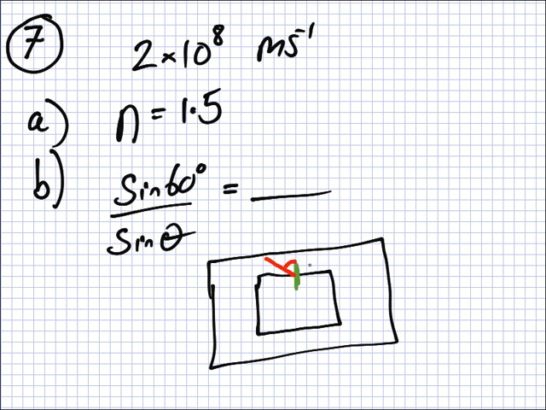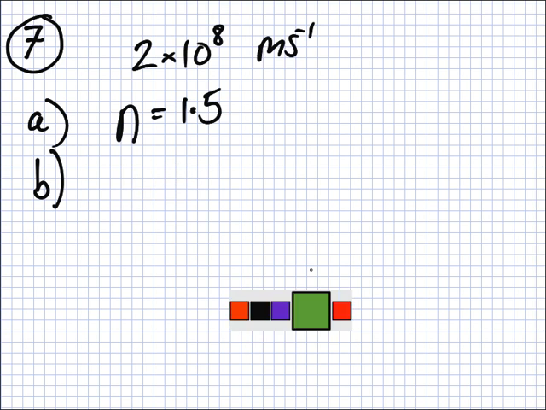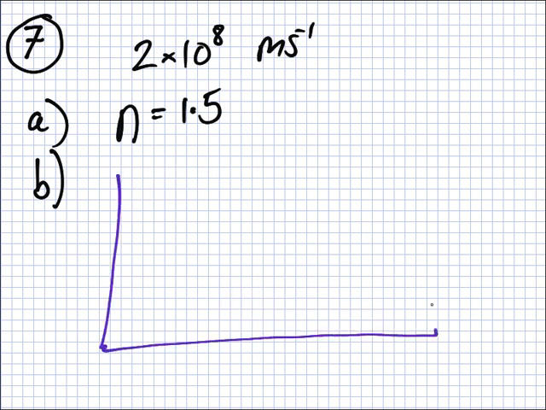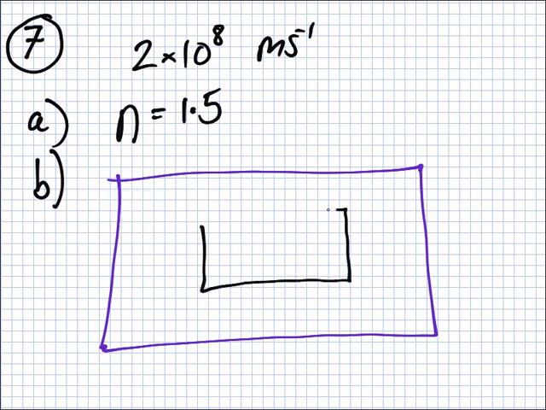And then what's happening to the index? It's gone from 1.33 to 1.5. I need to maybe zoom in a bit, make this a bit bigger. Right, there's the water. And then how big is the block? About this big? Okay.